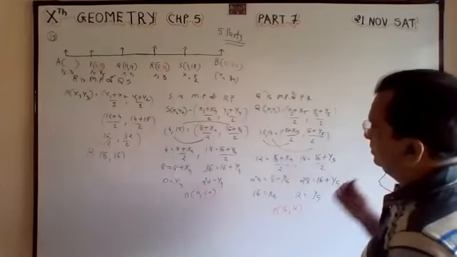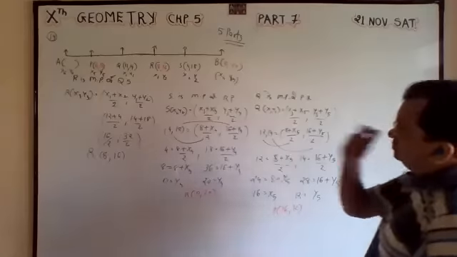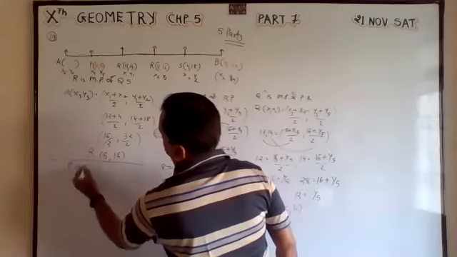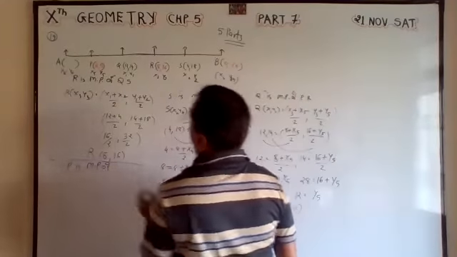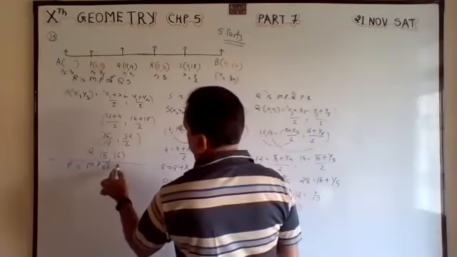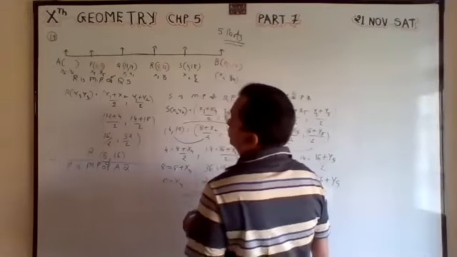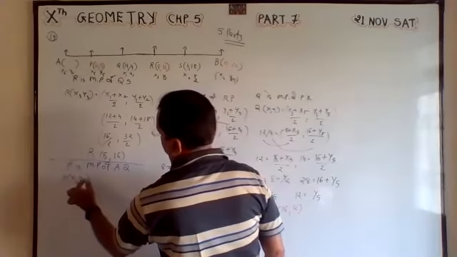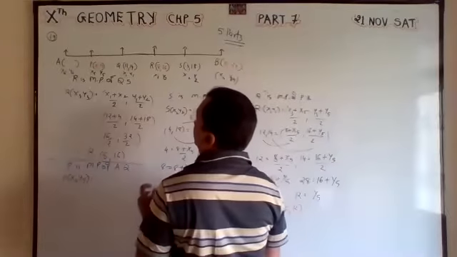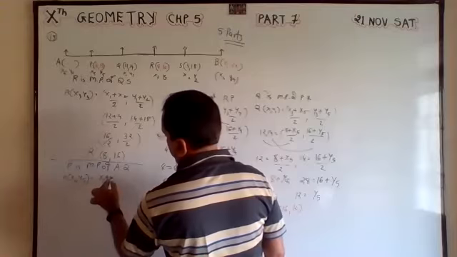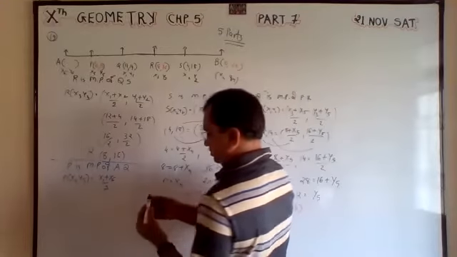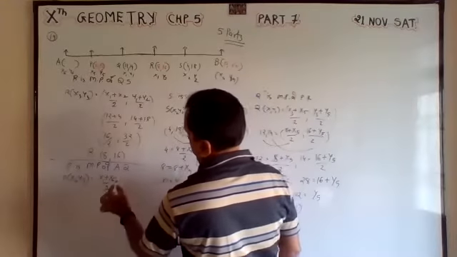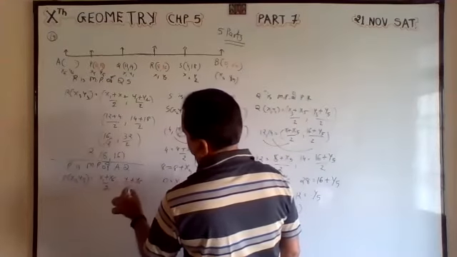Now P is the midpoint of AQ. So P, x5, y5, is x1 plus x6 by 2, y1 plus y6 by 2.